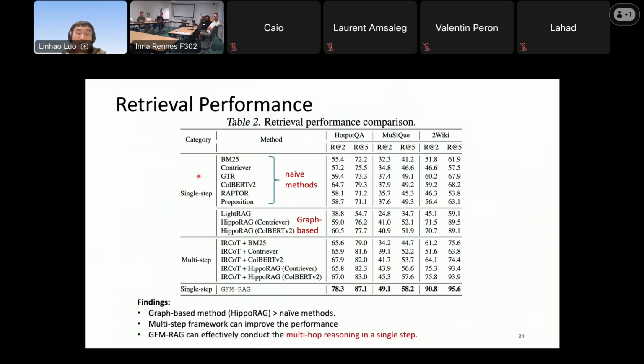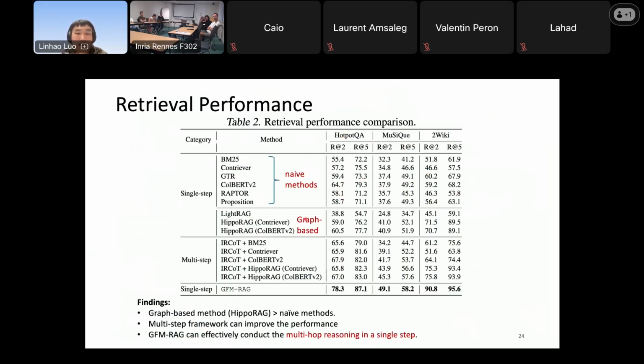For example, we compared with single-step embedding-based methods. Basically, they directly calculate the similarity between the query and the documents, and retrieve the relevant documents for question answering. Because the three datasets we evaluate are multi-hop question answering datasets, this naive single-step retrieval can lead to very poor performance on these three benchmark datasets.